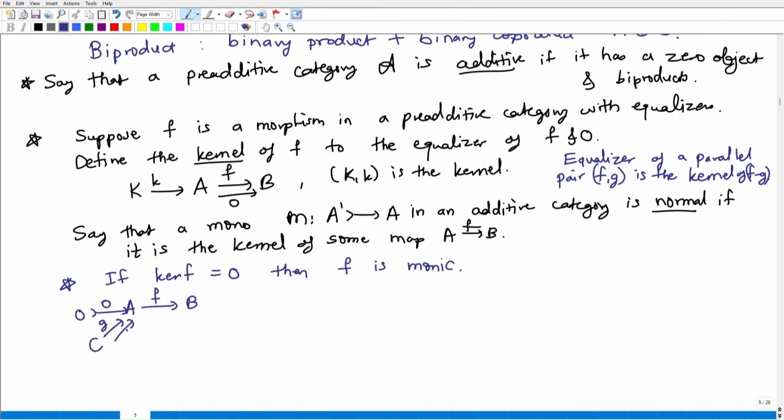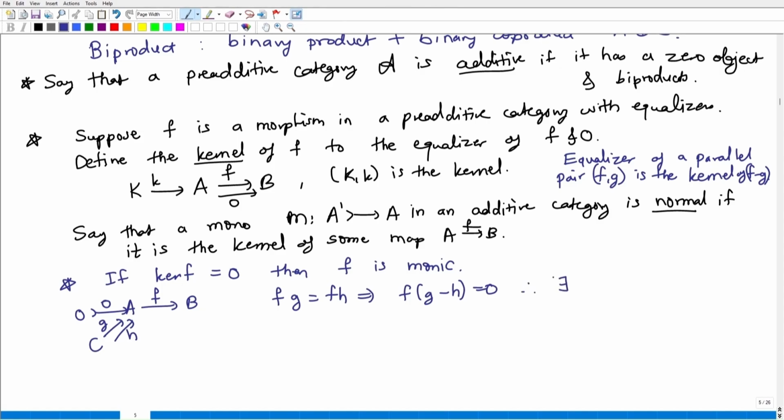Let me call them g and h. Suppose fg is equal to fh. Then f composed with g minus h is equal to 0. Anything which composes with f to give 0 has to factor through the kernel.